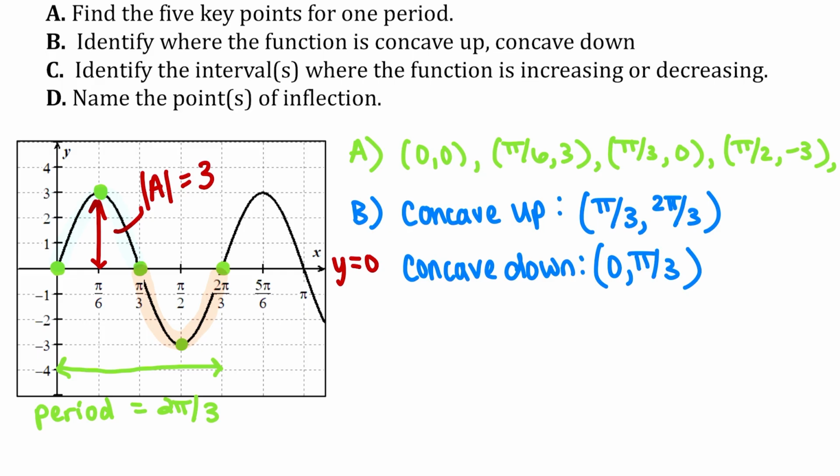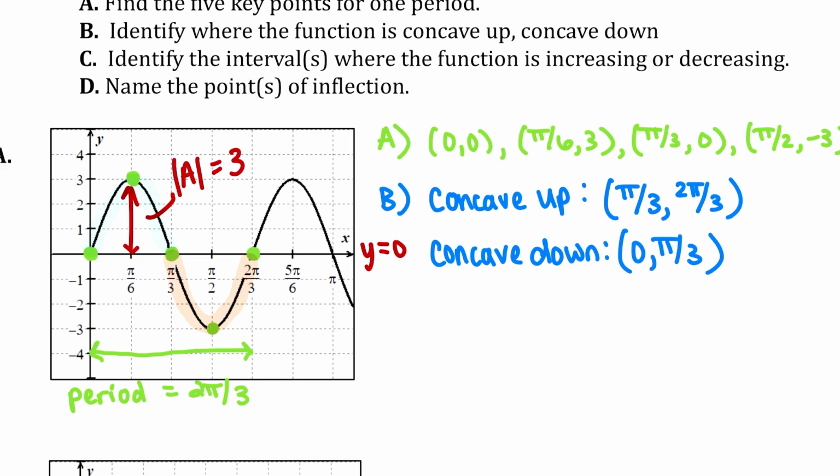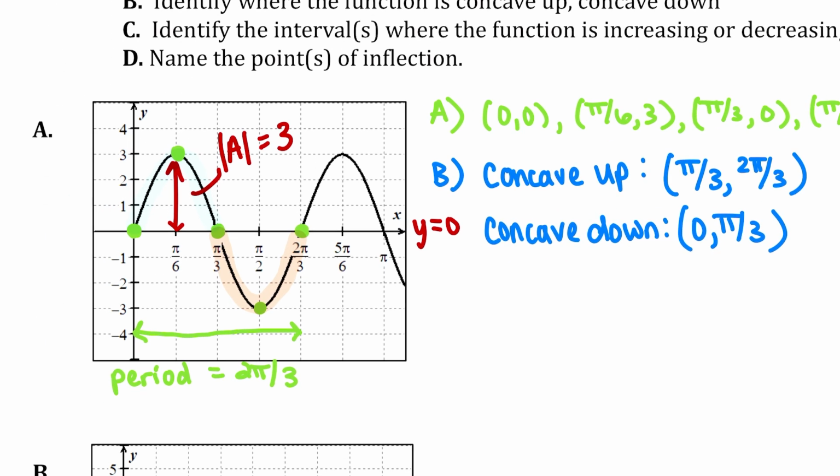Let's see if I can get a different color. Okay, I'll use a screen here. So where we're going up on our graph, I'm going to highlight. There's that first point there, right? From 0 to pi over 6, our graph is definitely going upwards. But then from pi over 6 all the way to pi over 2, we're going down.